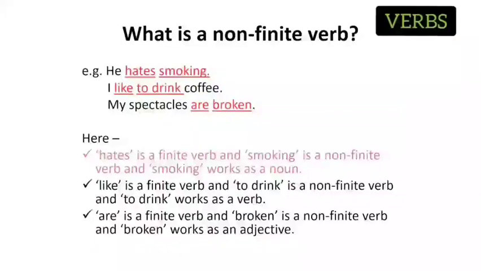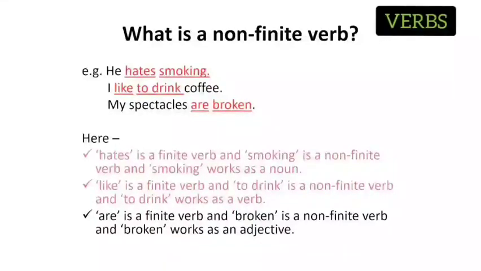Further, if you look, spectacles are broken. It will say was broken, were broken. So broken is the condition of the spectacles. While dealing with this, we have to be very careful. Just the last example that I provided, placed on the table the statue of Buddha. So here placed is a non-finite verb.